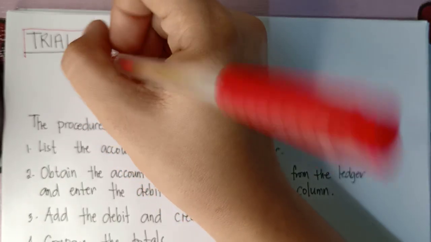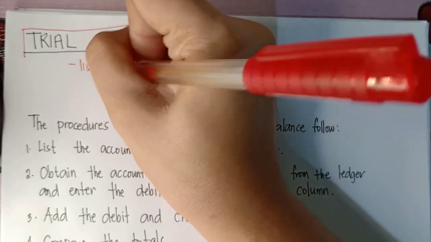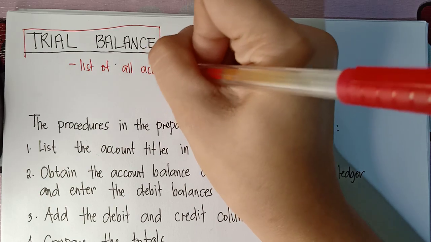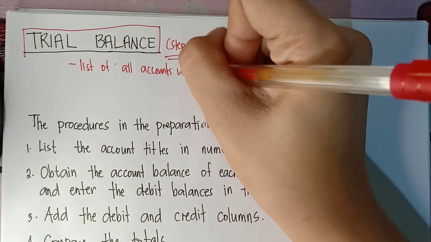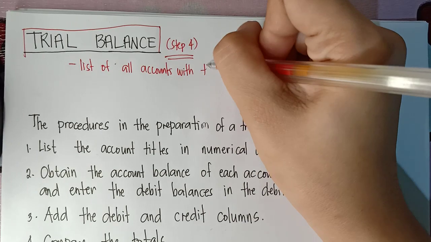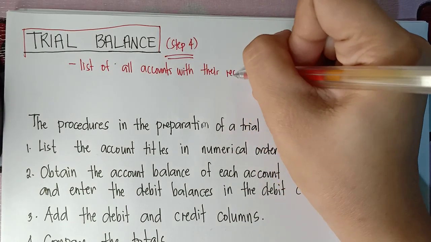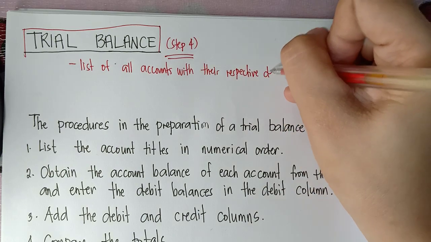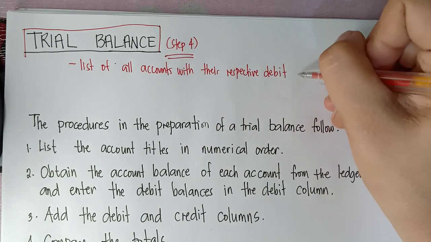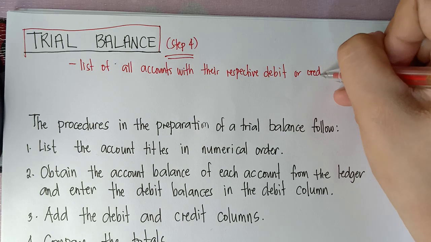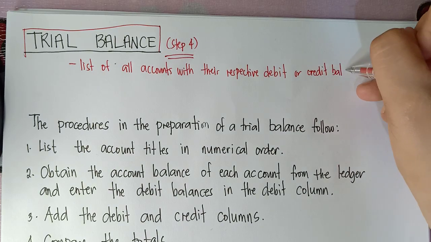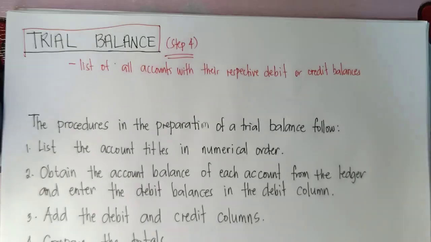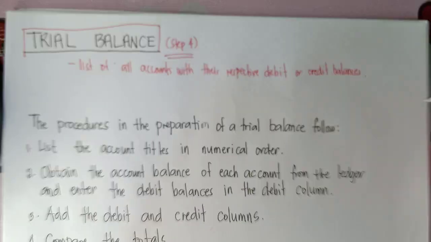It is a list of all accounts with their respective debit and/or credit balances. Okay, so when we say trial balance, it is the list of all accounts with their respective debit or credit balances.